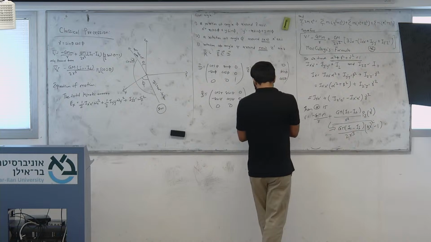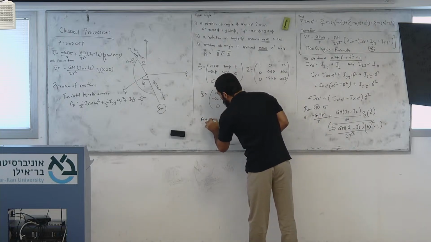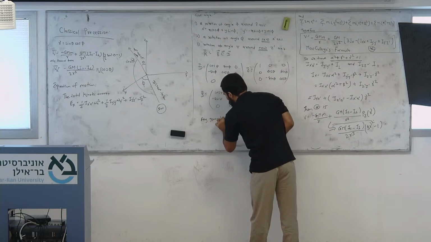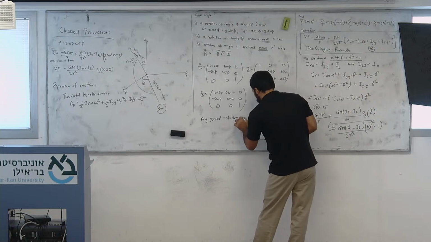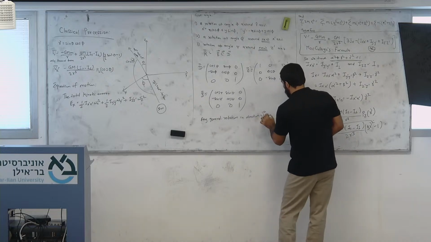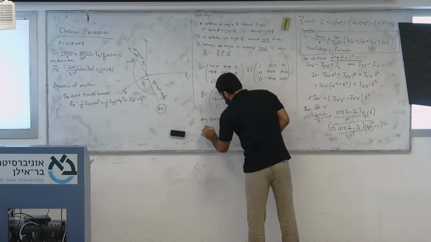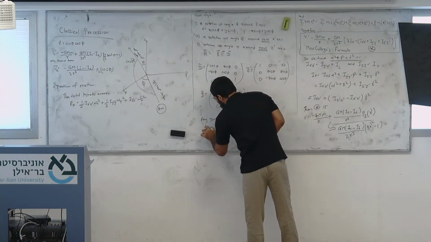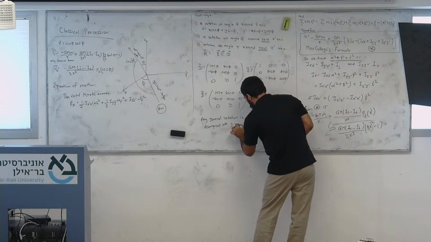Since this is an important statement, any general rotation in direction omega can be decomposed, I would say, into 3 rotations.